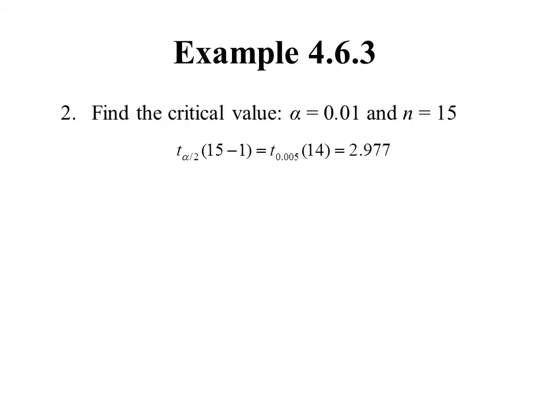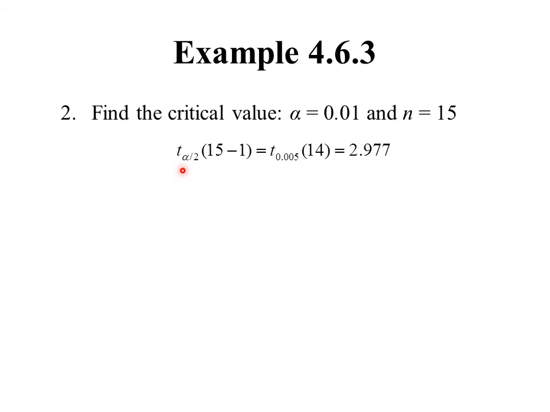And so the second step is define the critical value. And so to do that, we need to first figure out alpha, the significance level. Well, our confidence level was stated to be 99%. Alpha is 1 minus that number, so we get 0.01. And then we also need to know the degrees of freedom. Well, degrees of freedom is n minus 1. In our problem, we were told that n is 15.